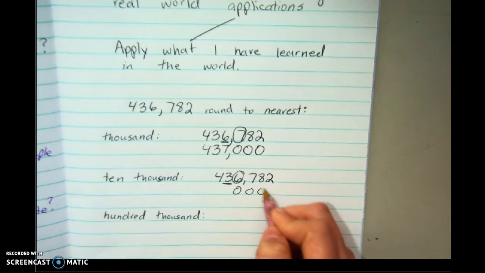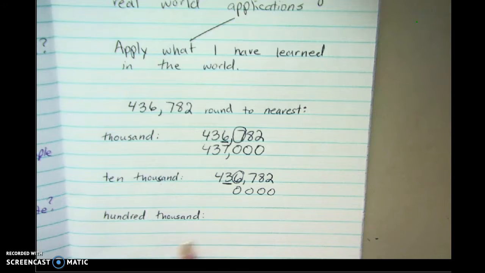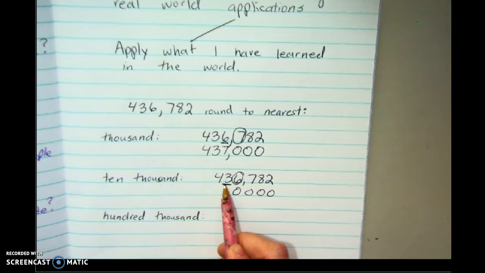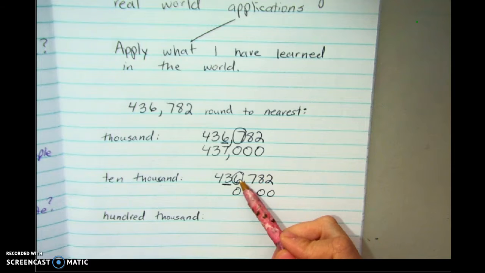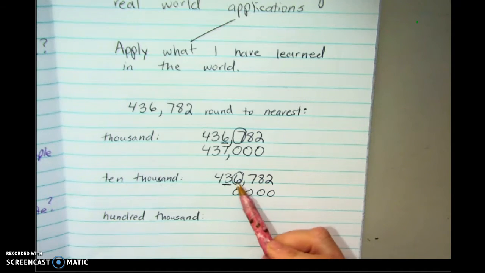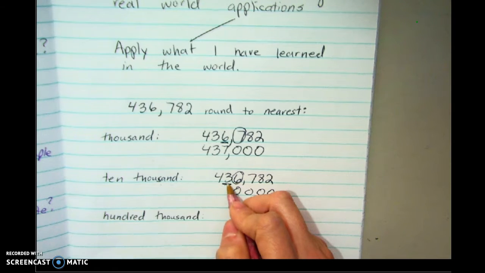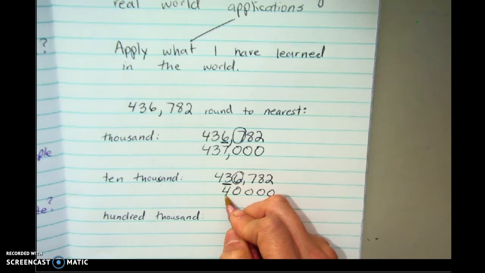No matter what, that number is becoming a 0. That number tells me what happens to the 10,000s place. Is it going to stay the same or go up? It's a 6. 5 or more, let it soar. Good. So the 6 tells me that the 3 will become a 4.